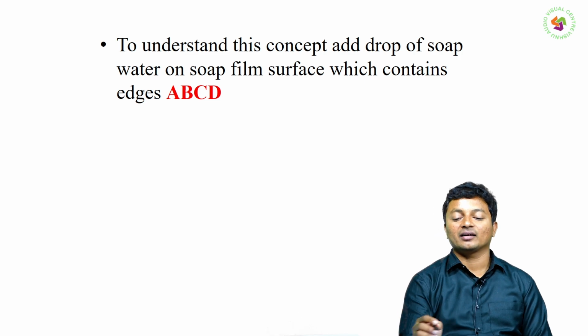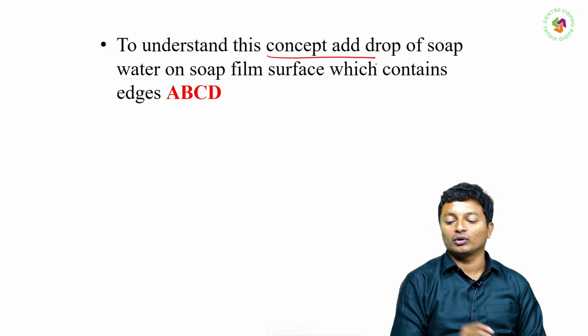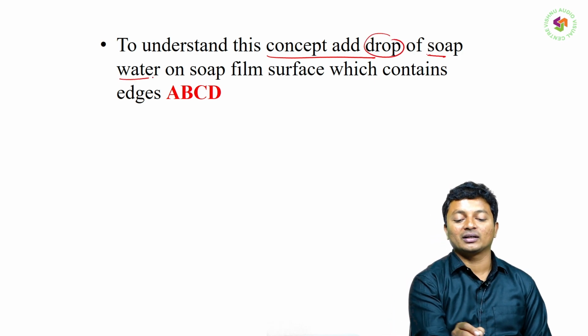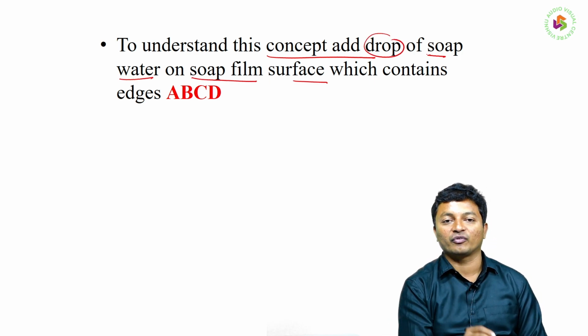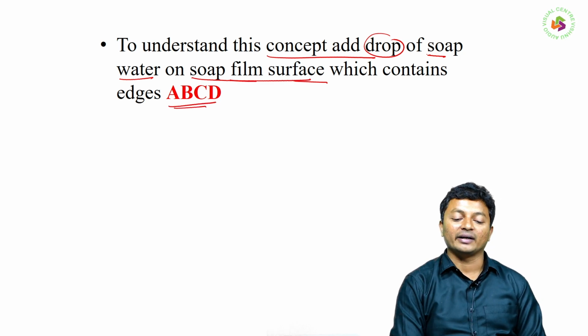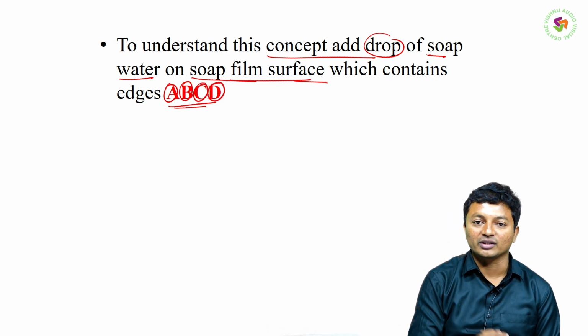To understand this surface free energy concept, we need to take an example: we add a drop of soap water on a soap film's surface. So this surface contains 4 edges like A, B, C and D. Let us discuss in detail about this.